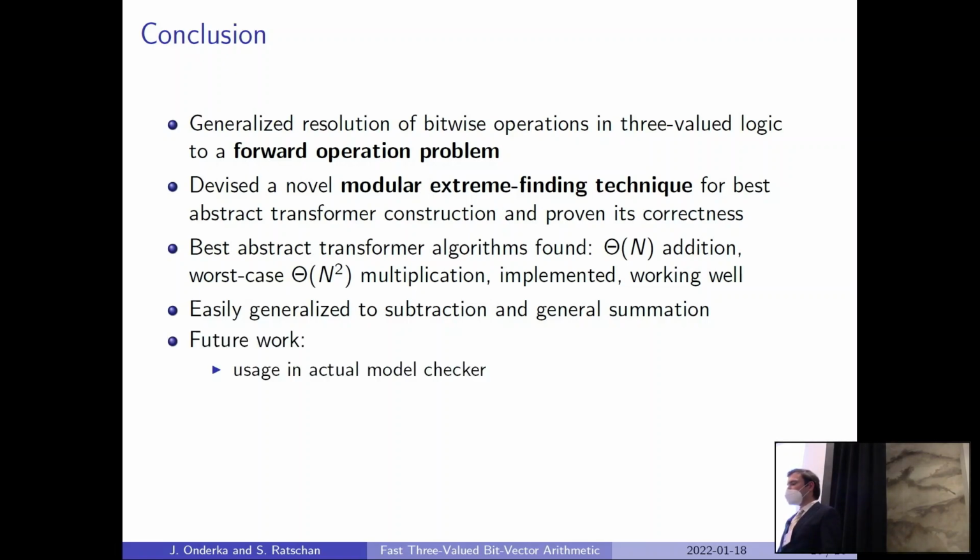So what could we do in the future? Well, we want to use it in our actual model checker. We didn't have time and space to write it down in this paper. We could try to resolve some other operations, such as division and remainder.